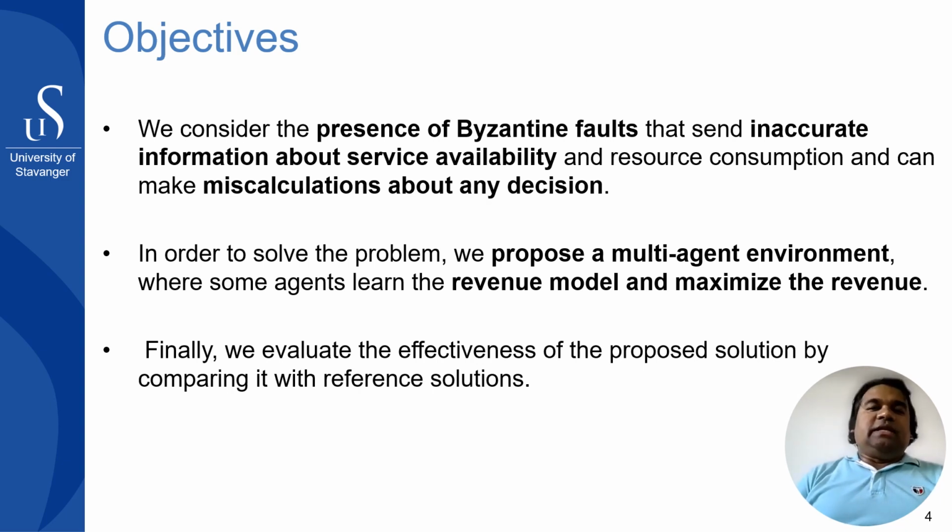We will see later that it will be based on federated learning or federated architecture, and we also consider cumulative gradient elimination, or CGE method, for this revenue model learning, and we will try to maximize the revenue. And finally, we will evaluate the effectiveness of the proposed solution by comparing it with some reference solutions.